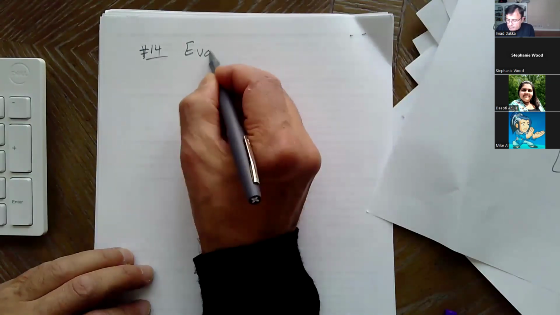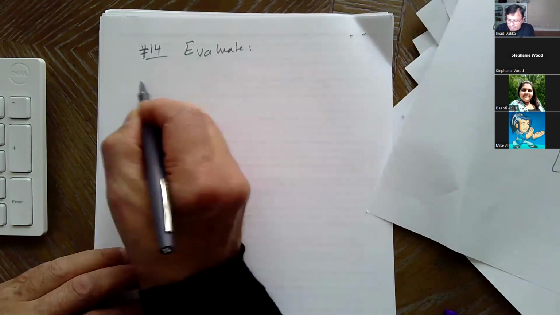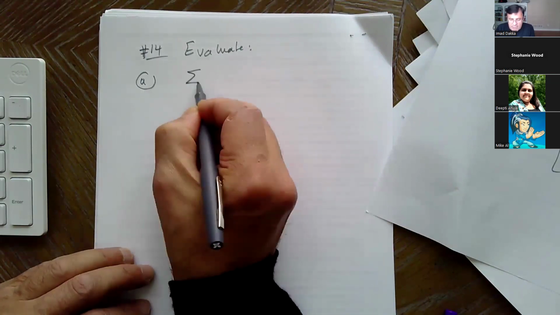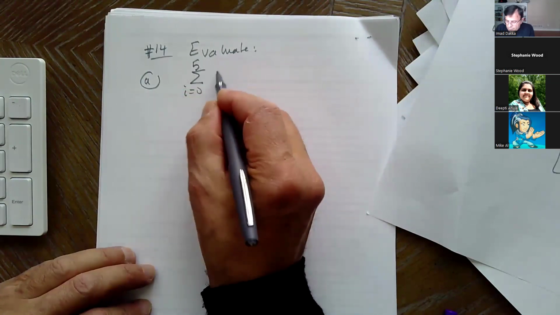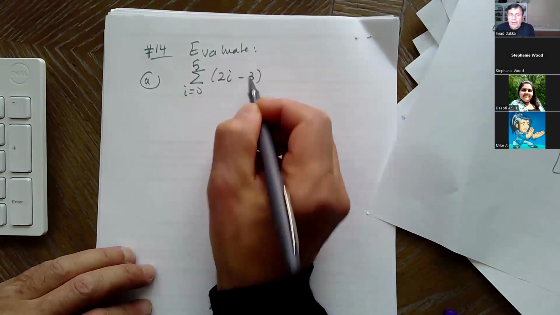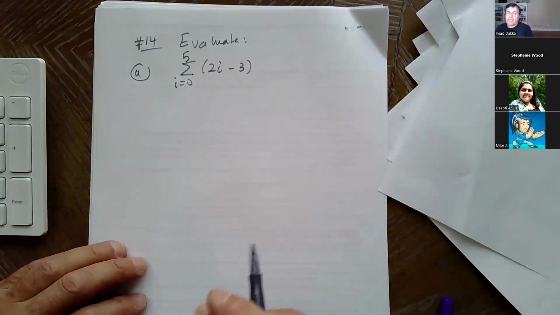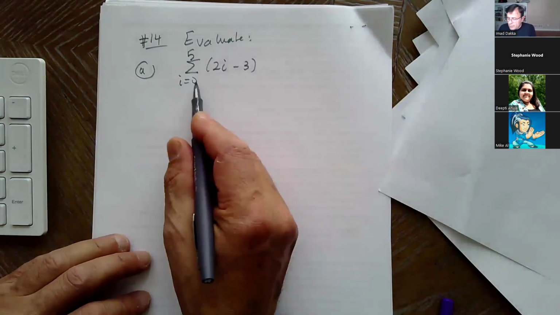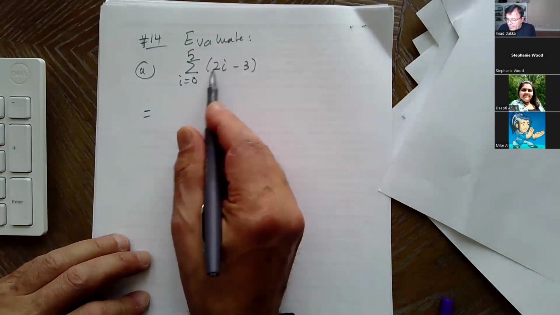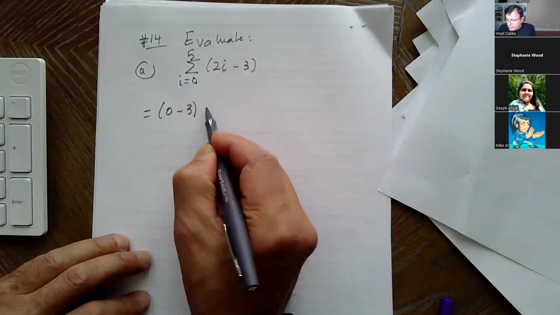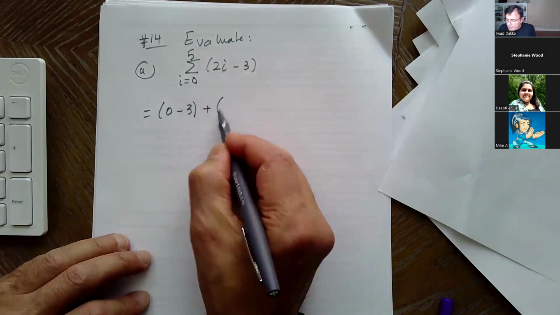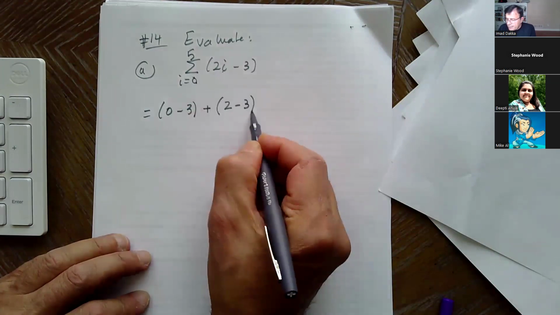Evaluate part A, the sum from i equals 0 to 5 of 2i minus 3. All you have to do is do it manually. Start at 0, plug in 0 for i. So 2 times 0 minus 3. And then plug 1 in. 2 times 1 minus 3.